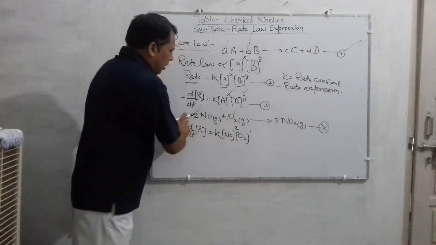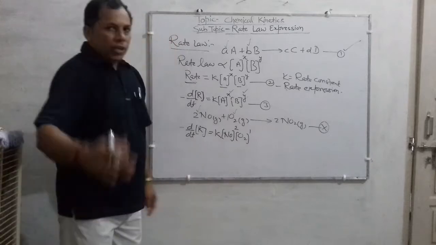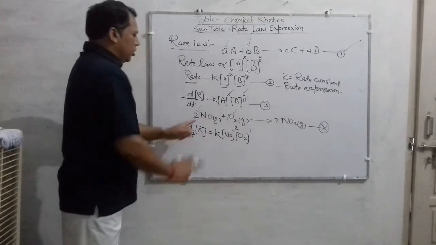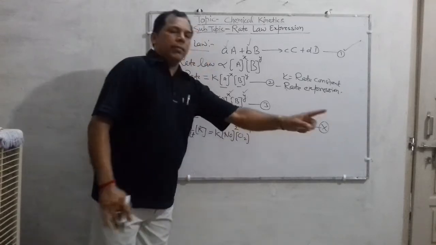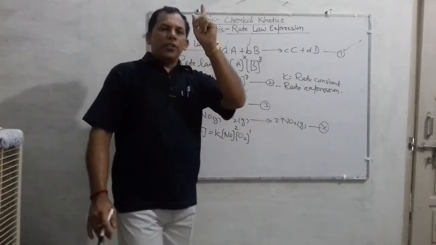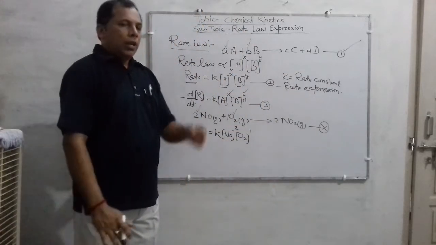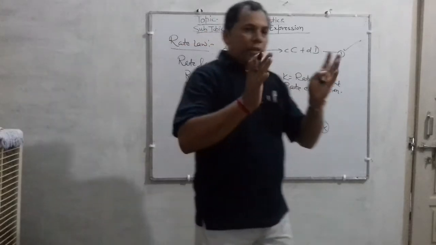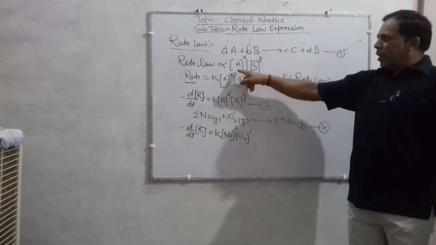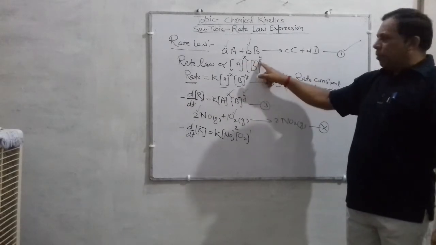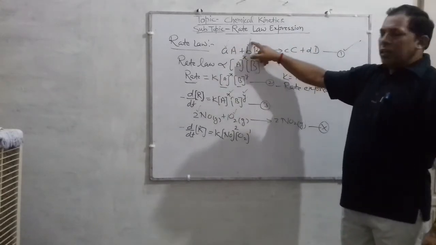In this reaction, the exponent of NO and the exponent of oxygen are just similar to the stoichiometric coefficients 2 and 1 of this given reaction. This is the explanation of x and y with stoichiometric coefficients. Okay, and one more point is that the exponents x and y may not be equal to the stoichiometric coefficients a and b.